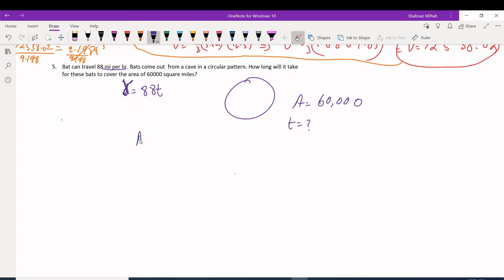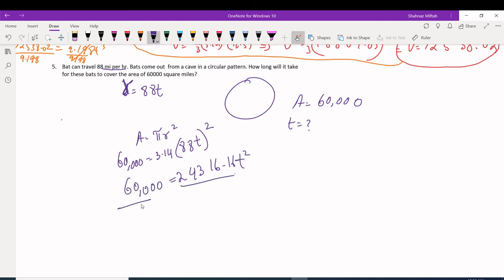So what is the area of a circle? Pi r squared. Plug in everything. Area is 60,000. Pi is 3.14. Radius is 88t, squared. Now I have 3.14 and 88 squared. When you multiply 3.14 and 88 squared, you will get 24,316.16 t squared, and then you have 60,000.